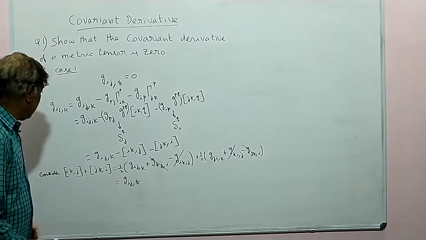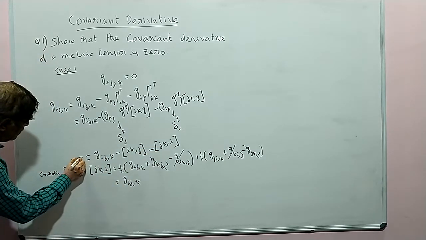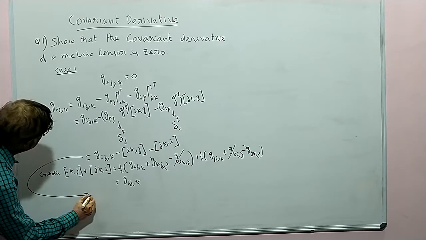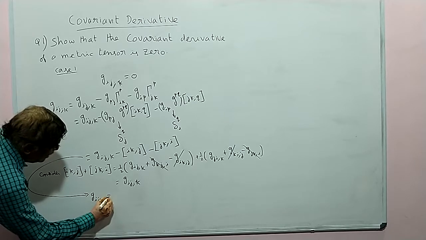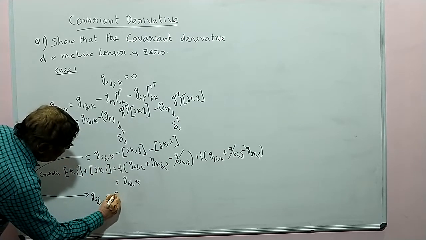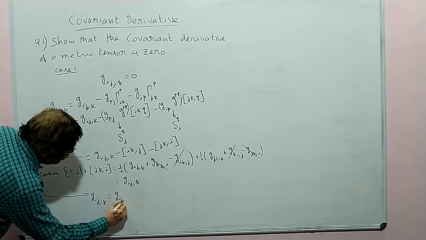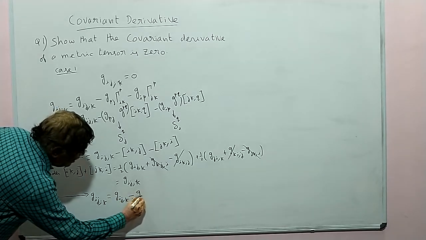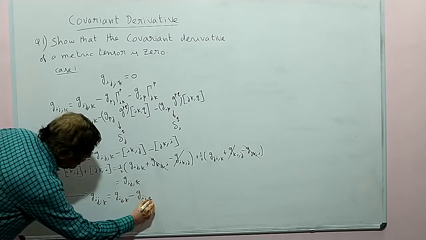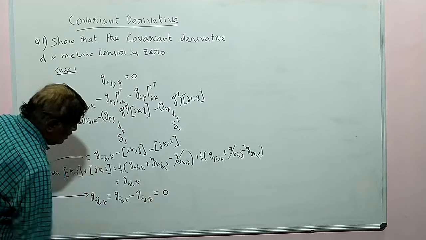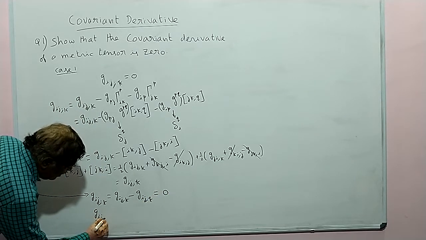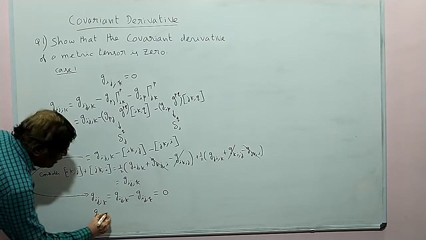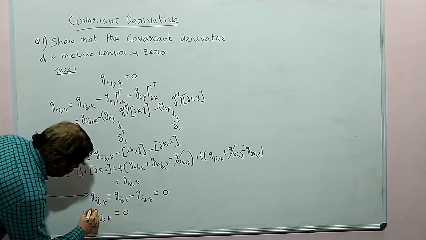Now substitute back, and you will get this expression: g_ij semicolon k is equal to g_ij comma k minus g_ij comma k. So this is 0. So the covariant derivative of the metric tensor is equal to 0.